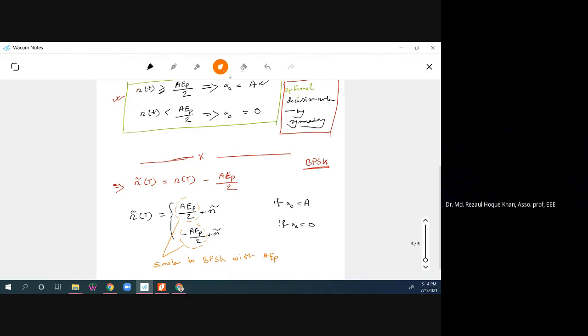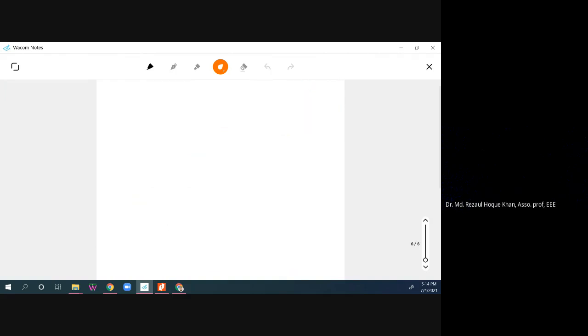This can now be comparable, because in BPSK this was the case, A E_p by 2, and in our case it is replaced by A E_p by 2. All we are doing is making it possible to compare with the BPSK system.